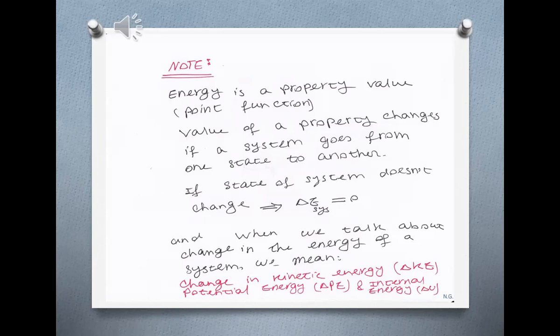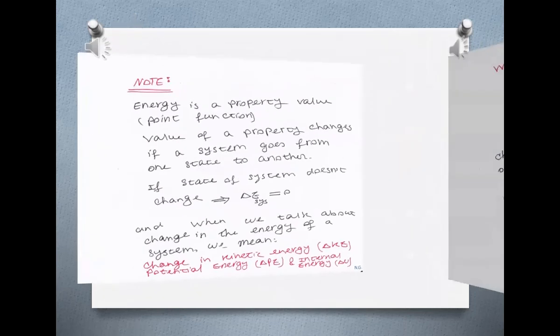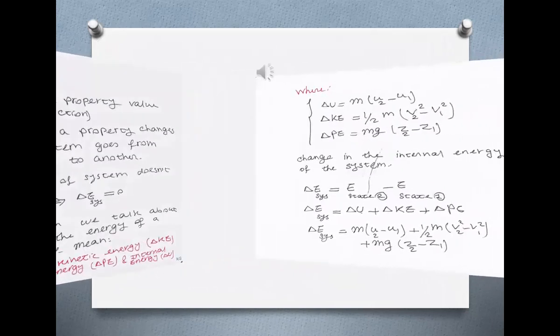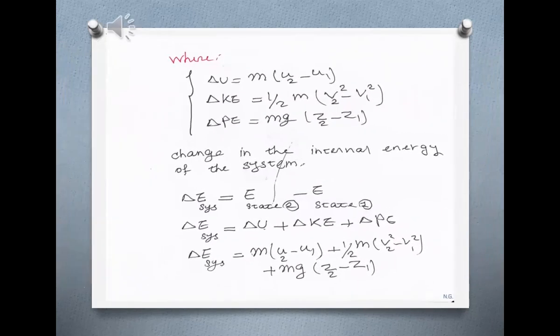Do you agree? Yes. So if the system undergoes a cycle, there will be no change in the energy of the system. Delta E of the system would be 0 because the initial and final states are the same.